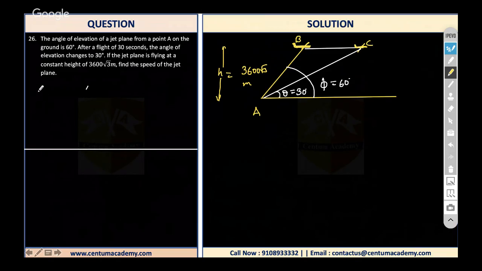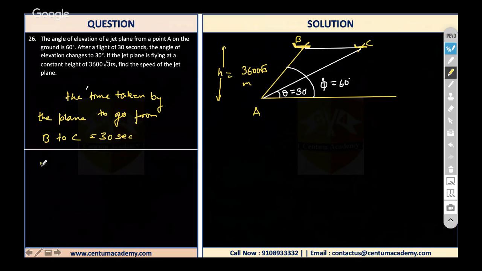So you write, the time taken by the plane to go from B to C is equal to 30 seconds.